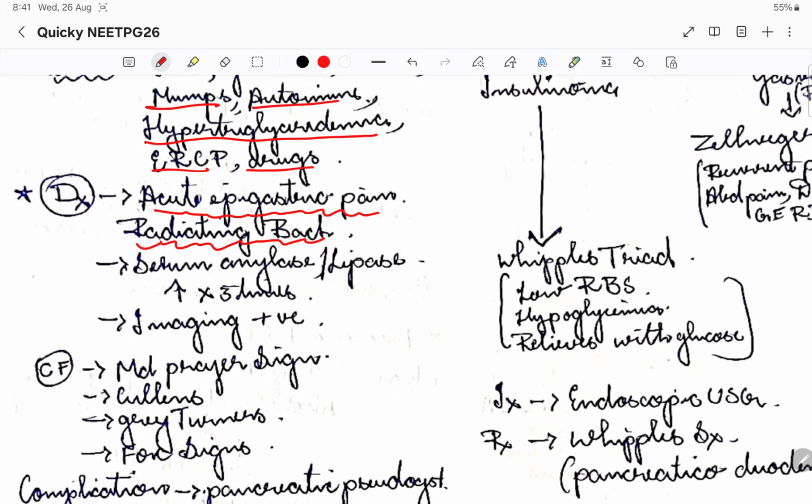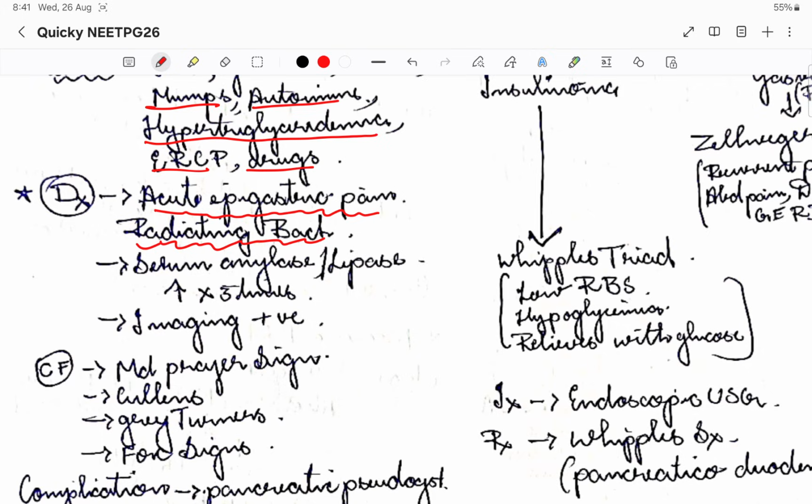So this acute epigastric pain radiating to the back can also be differentially diagnosed as a peptic ulcer or a duodenal ulcer, and we should also rule out aortic dissection or an abdominal aneurysm that might have happened.